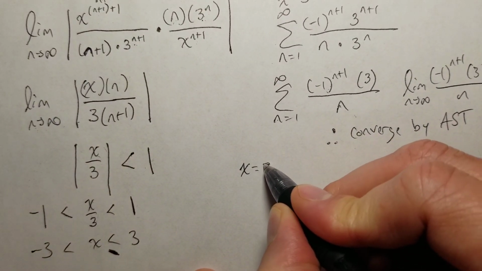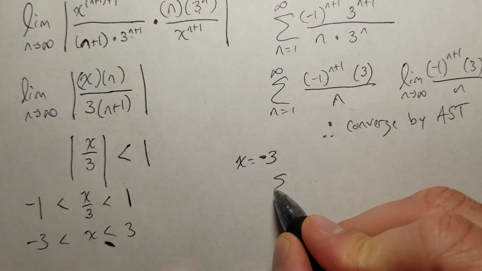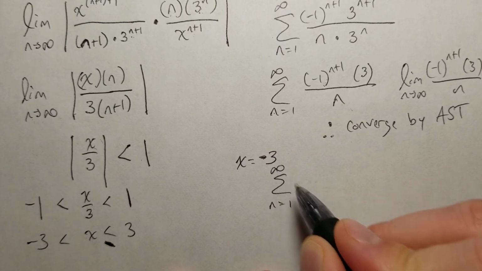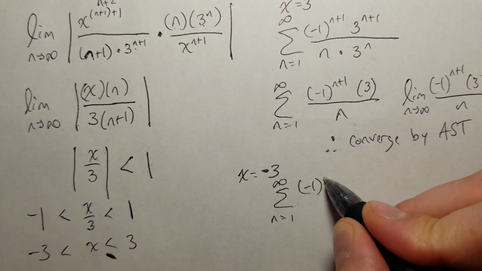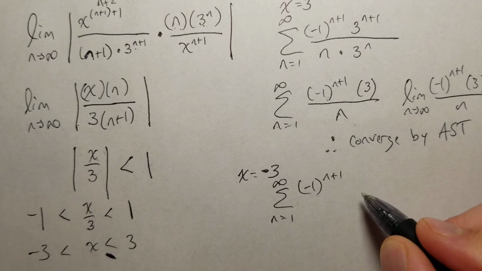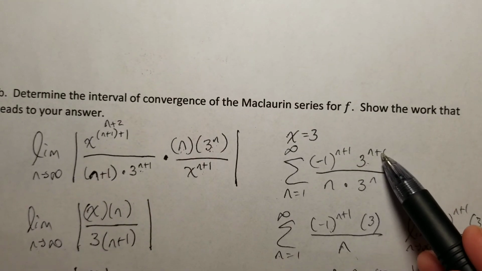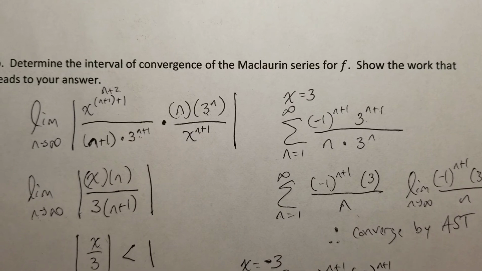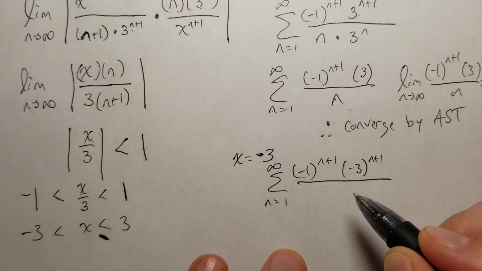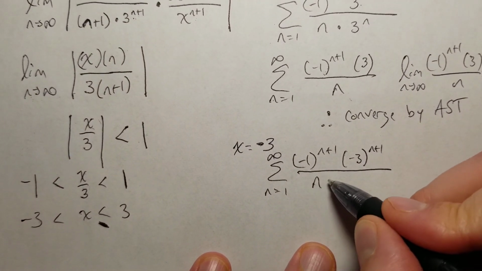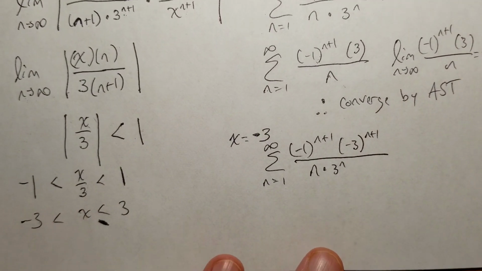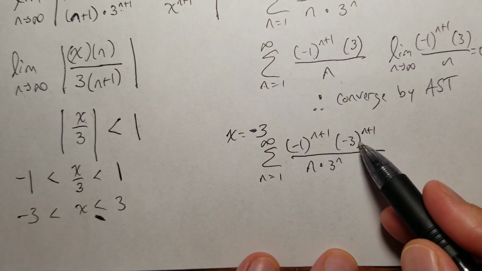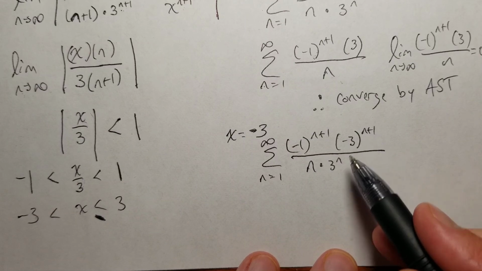If x equals -3, we still have the series starting at 1 going to infinity. Still have -1 to the n plus 1. But now instead of 3 to the n plus 1, we're going to get -3 to the n plus 1 all over n times 3 to the n. Now, this piece looks very close to this one. I'm going to rewrite this.